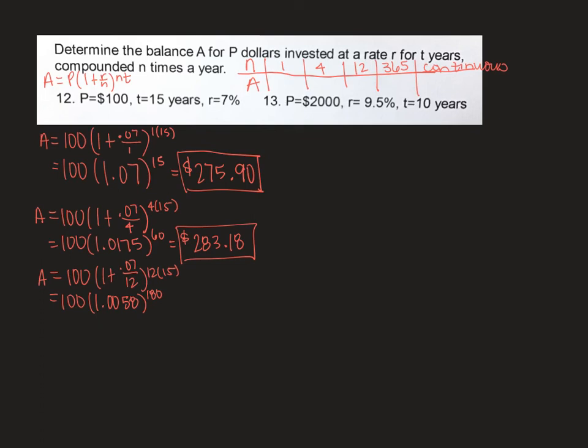So when we raise that to 180, we get 2.8489. We times it by 100, and we're at 284.89.